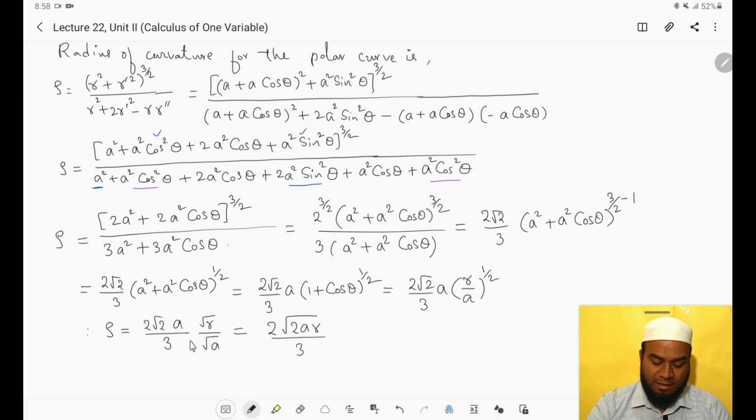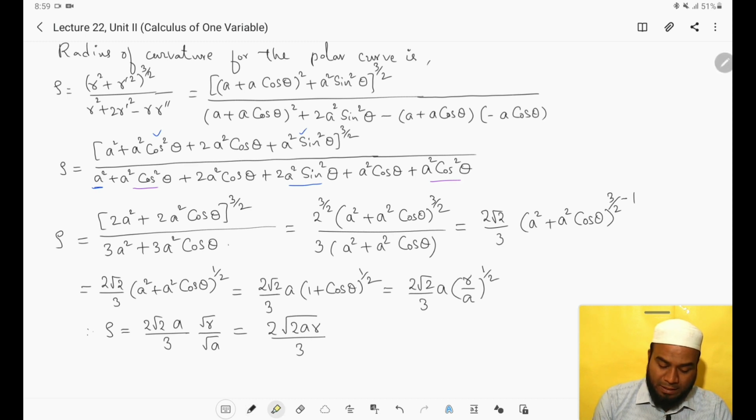What I have done here is, see, this a by root a, when you simplify this, you will get root a in the numerator. So 2 root 2 into root a into root r can be written as 2 into root of 2ar by 3 will remain, because this root a already got cancelled with a, right? So this is rho equals to 2 into square root of 2ar by 3, the radius of curvature, right?